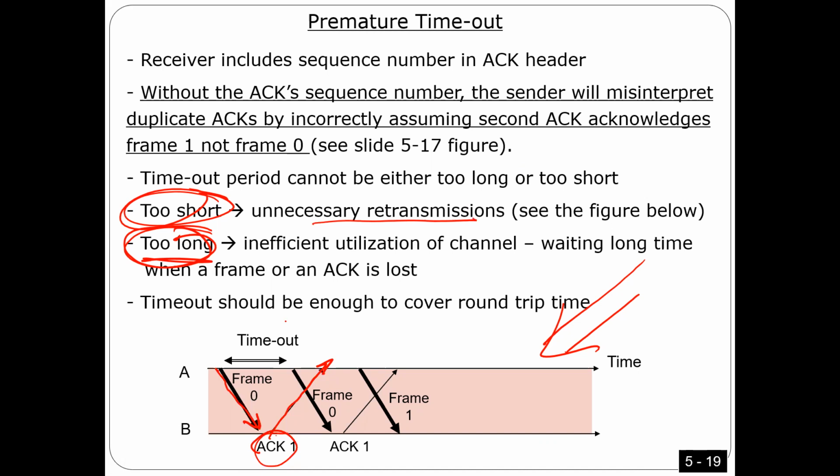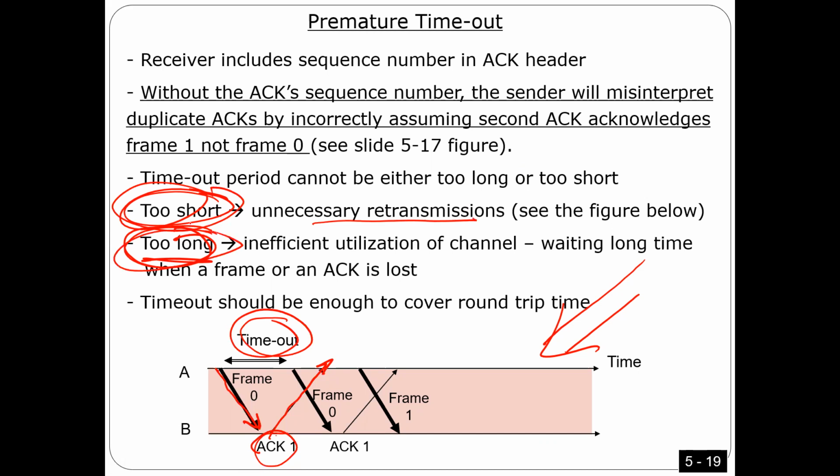So there are redundant or unnecessary retransmissions. You got what I'm saying? So this timeout should be enough time. You have to select it carefully, because too short is bad, and too long for sure is bad.